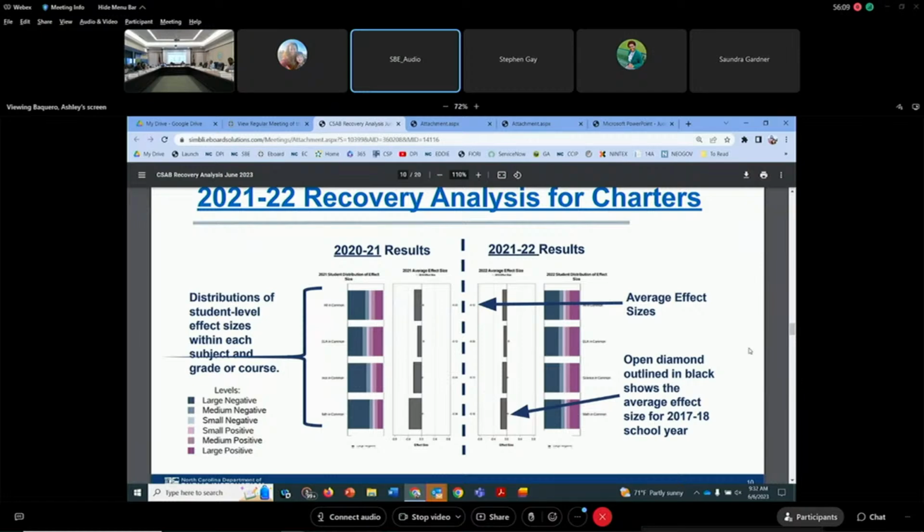So shades of blue are degrees of negativity, if you will. If it is a shade of blue, it means that that proportion of students fell short of their score according to these categorizations that were on one of the previous slides, whether small, medium, or large. The shades of purple are the positive scores, the ones where students actually exceeded their projected score based on their prior testing history.